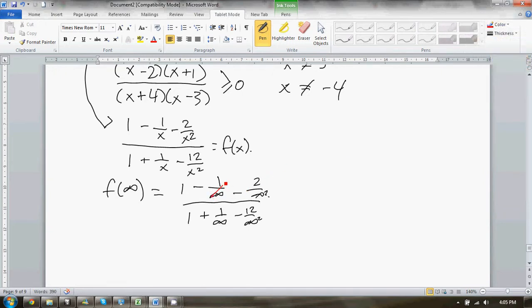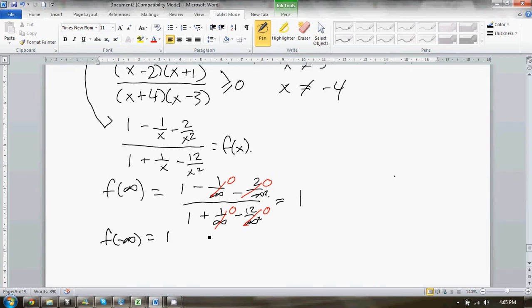So this becomes 0, this becomes 0, this becomes 0, this becomes 0. In the end, we're left with positive 1. That's the end behavior. As x approaches positive infinity, the function approaches 1. For negative infinity it's the exact same thing except these are all negative, so it approaches 1 as well.